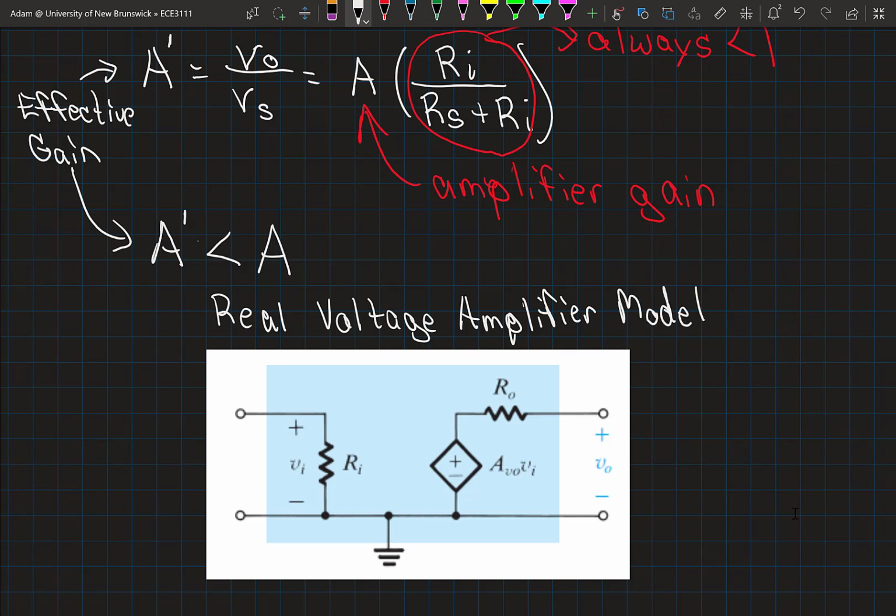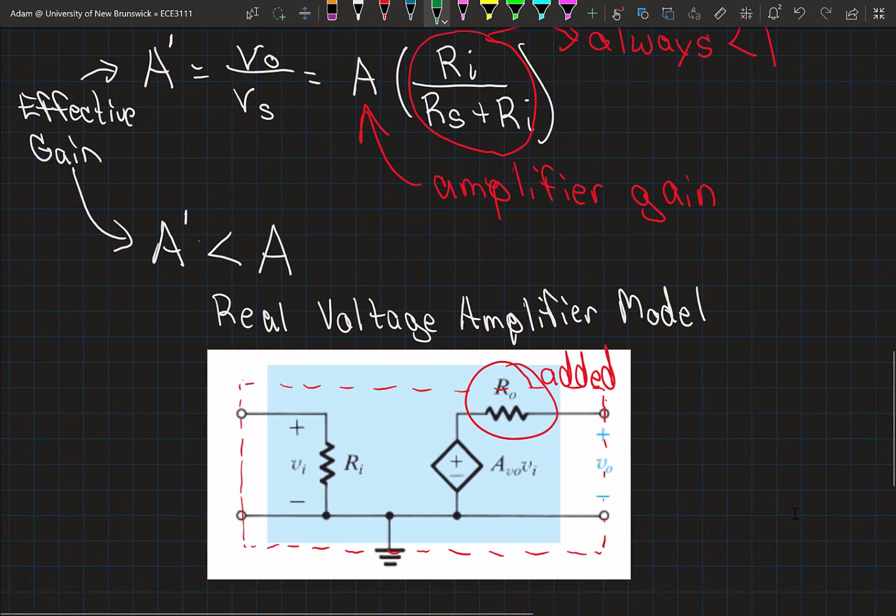Okay, so now we see I've also included this output resistance. I didn't include this in the last analysis. So this being my real voltage amp, my voltage controlled voltage source that's not ideal now.